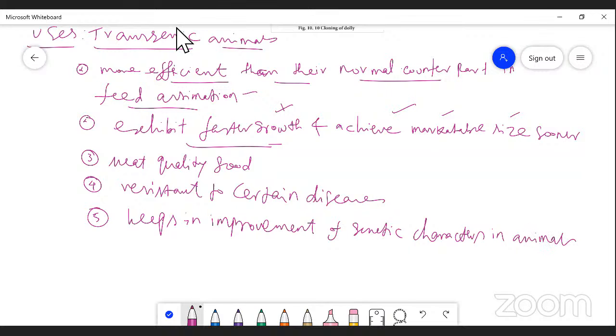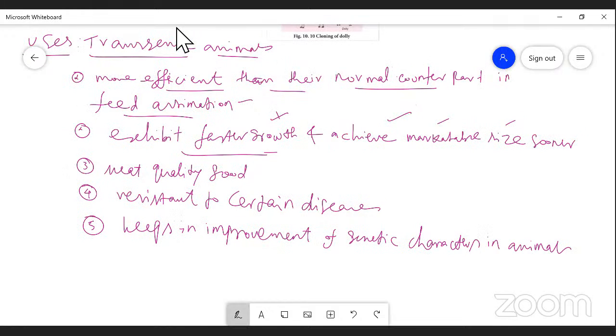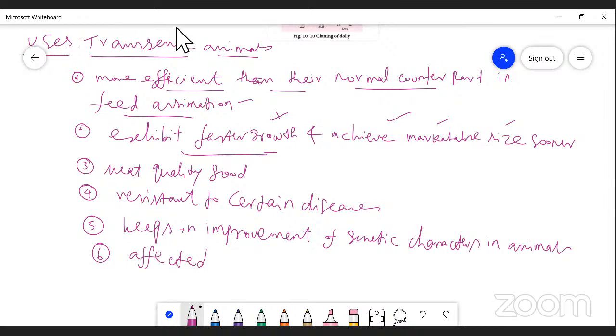Also, the transgenic animals serve as transgenic models for many diseases. Many of the transgenic animals are affected by diseases. What type of diseases? Cancer.